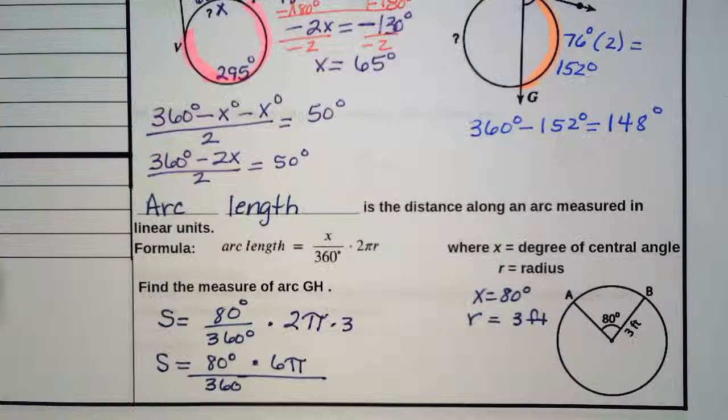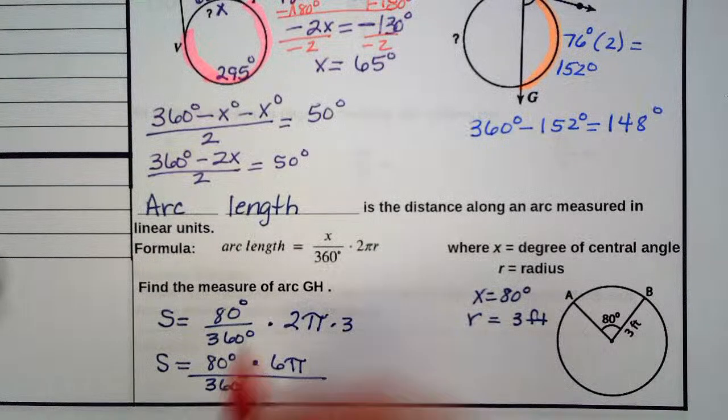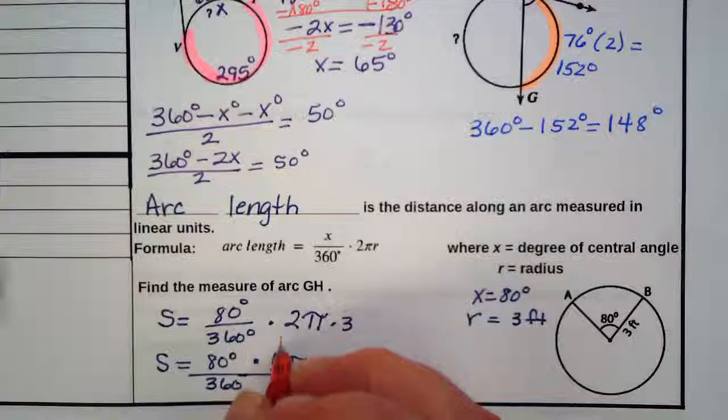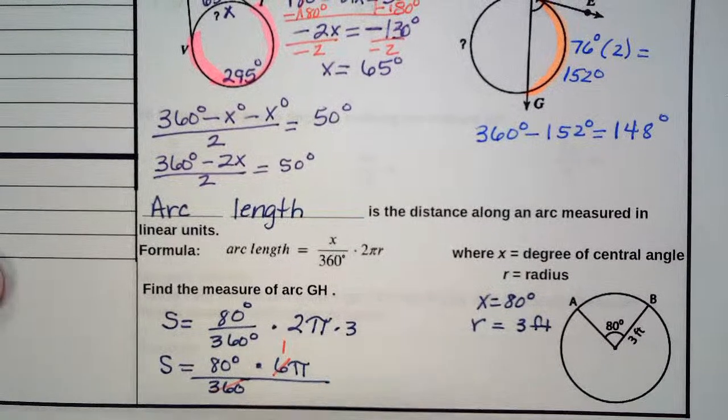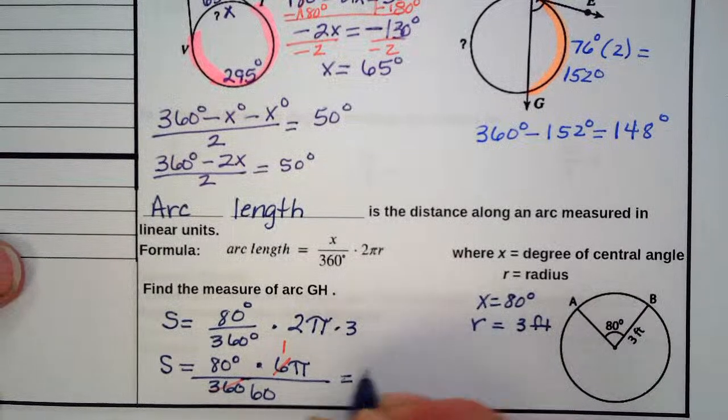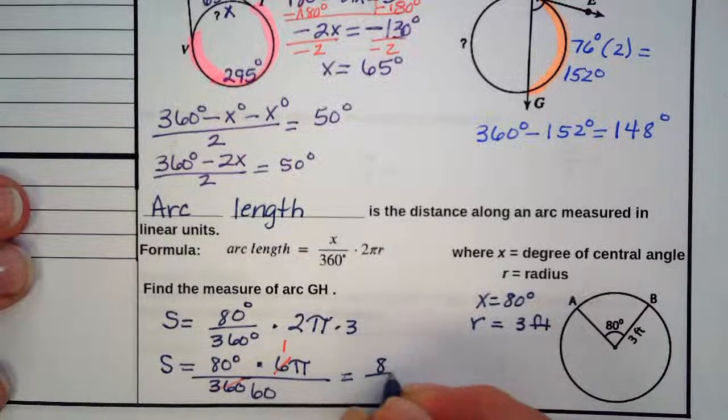Guess what? 6 goes evenly into 360. 6 divided by 6 is 1. 360 divided by 6 is 60. We can actually factor out a 10. This becomes 8 over 6 pi.